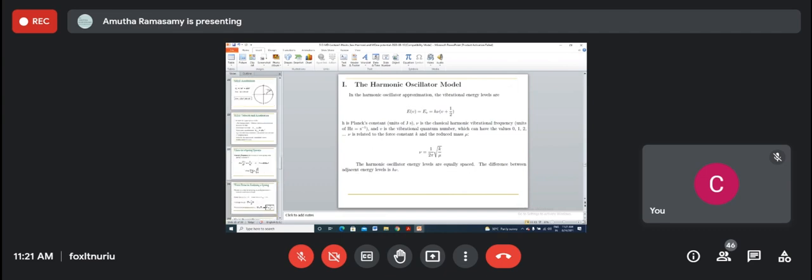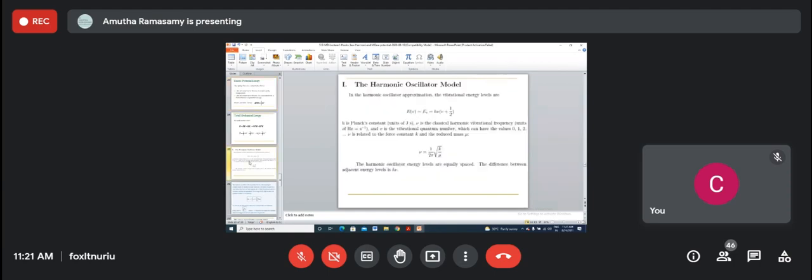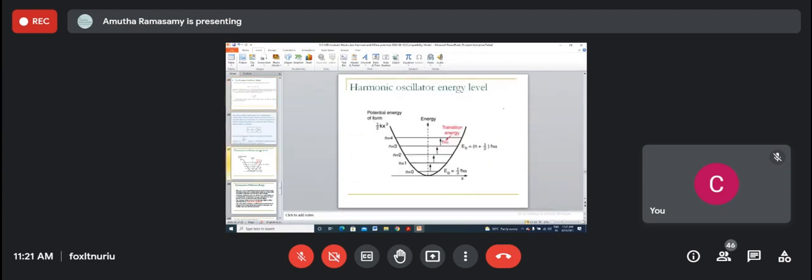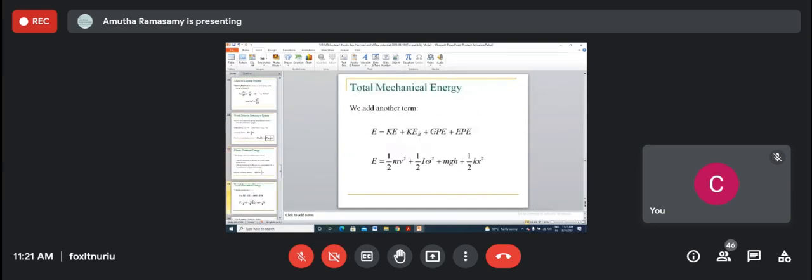I think this is the introduction. I will leave it, and I will post it, but from the next class I will talk from here, slide 21. I think I will have to combine this with the Morse potential. So until now, you have to understand the slides up to slide number 24.